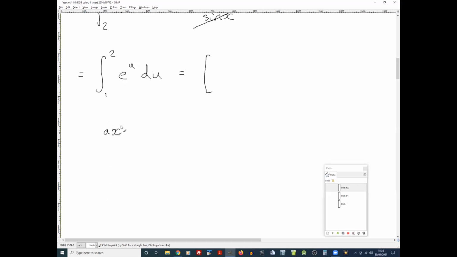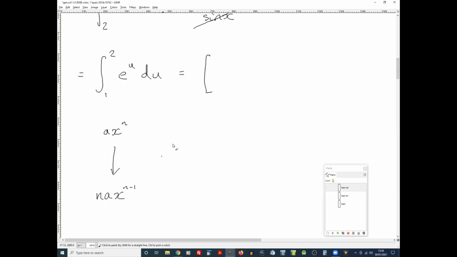A x to the power of n differentiates to what? Where n is any constant. So it'd be a n x to the n minus 1.